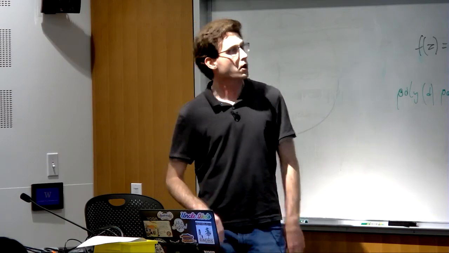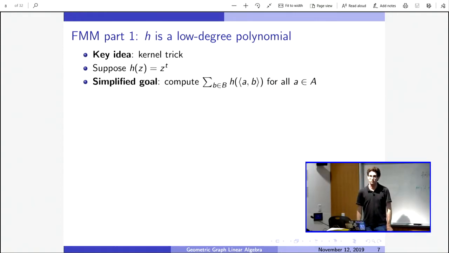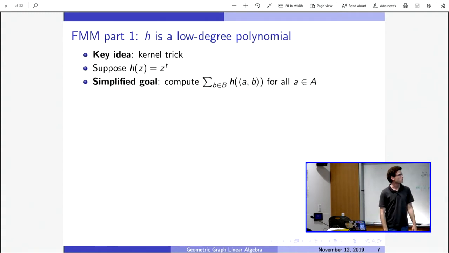Okay, so let's start with the first part. In this part, we'd like to exactly compute the sum over B of h of the L2 norm of a minus b, squared. For the sake of simplicity, let's replace the L2 norm squared on the inside with an inner product. So our goal is just the following. If h of z is equal to z to the t, we'd like to compute the sum over b of h of the inner product of a and b.